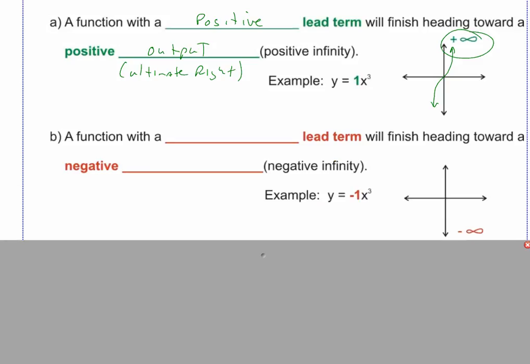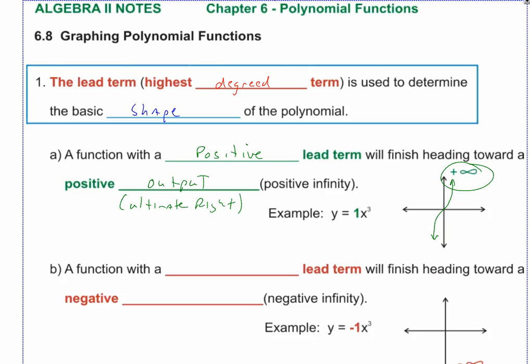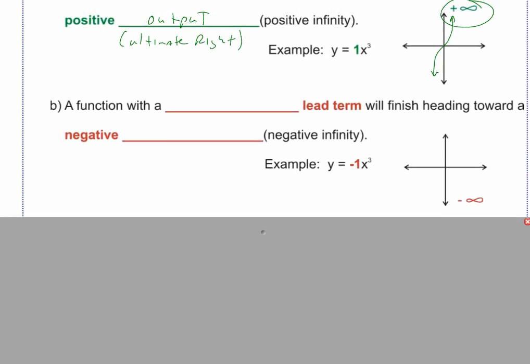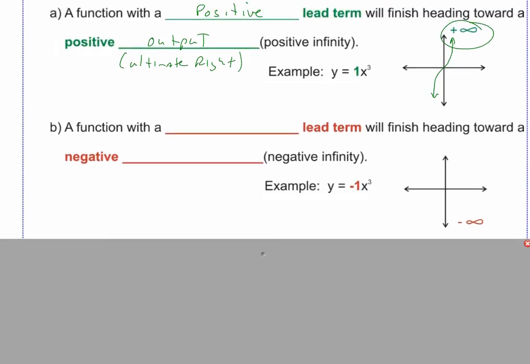So then conversely, math is nice and orderly. So if we had a scenario where a function with a negative lead term will finish heading toward a negative output, which is negative infinity.